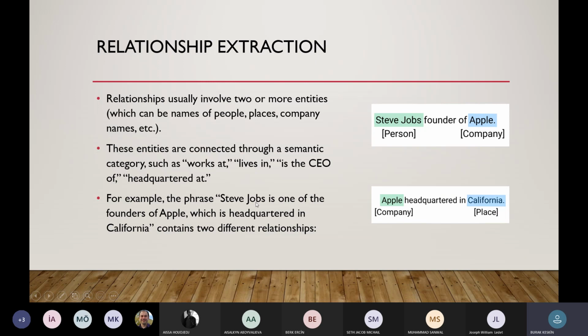For example, the phrase, Steve Jobs is one of the founders of Apple, which is headquartered in California, contains two different relationships. First, Steve Jobs is the founder of Apple, and second, Apple is headquartered in California.